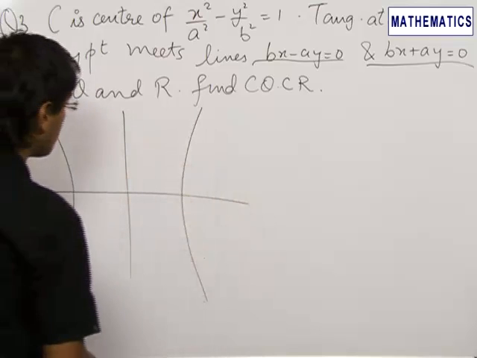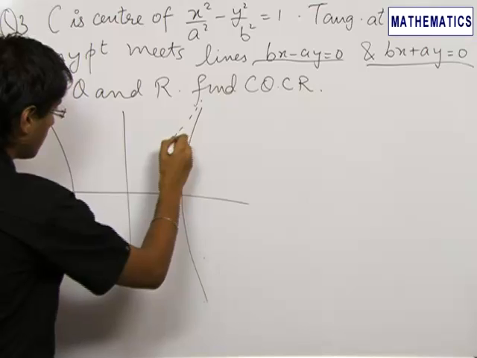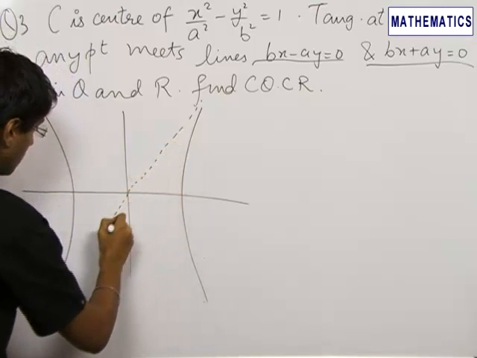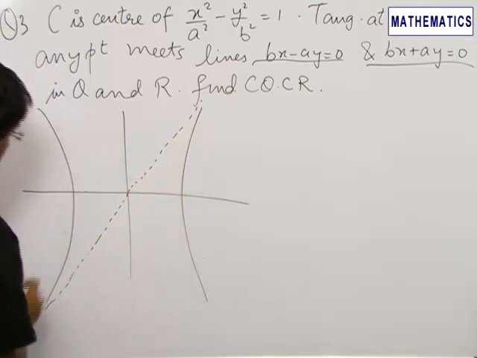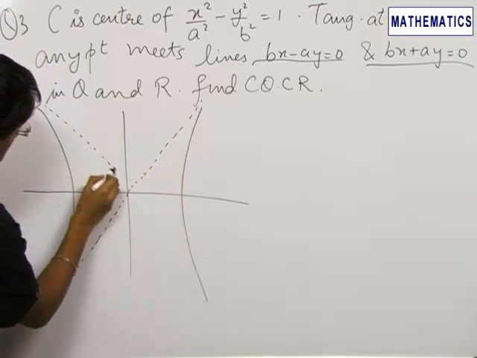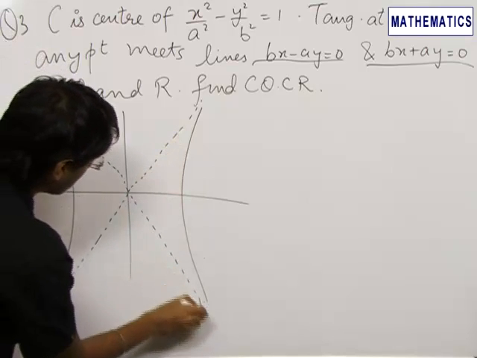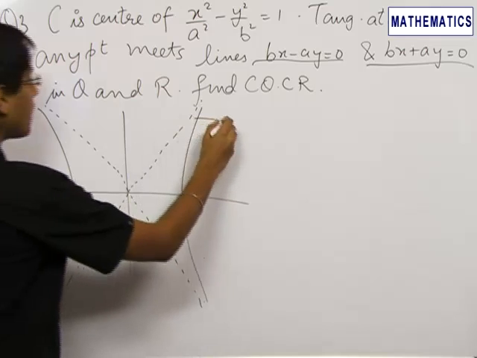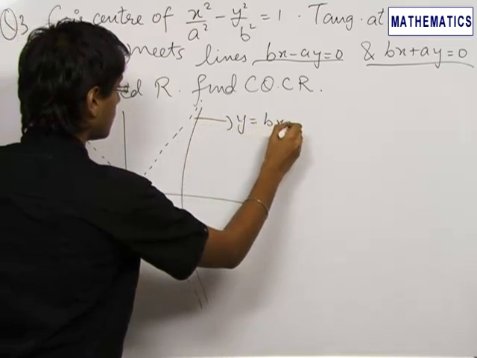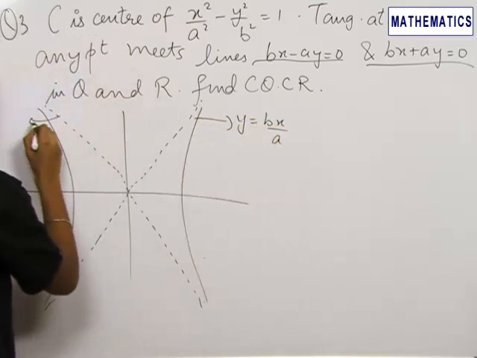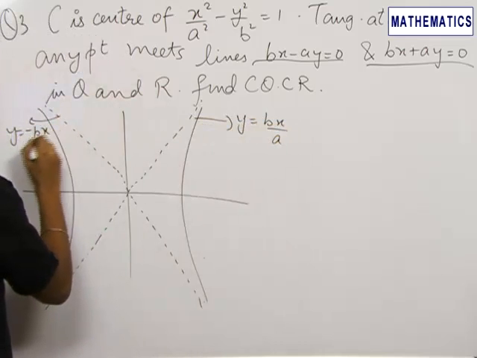This is the hyperbola. These are the two asymptotes for the hyperbola. This is y is equal to bx by a and this is y is equal to minus bx by a.